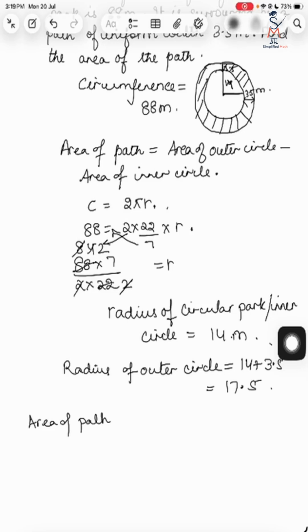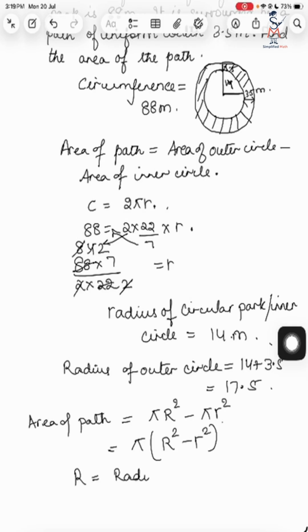So area of path will be area of outer circle, that is pi R square, minus pi small r square, right? Pi common, R square minus r square, where R is the radius of outer circle and small r is the radius of inner circle.